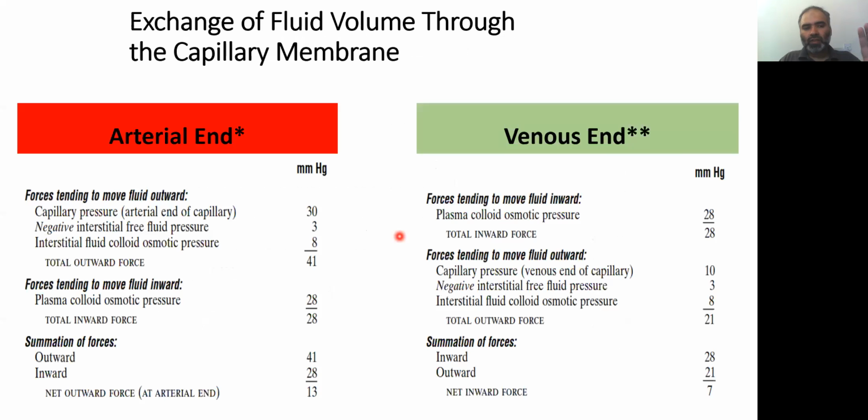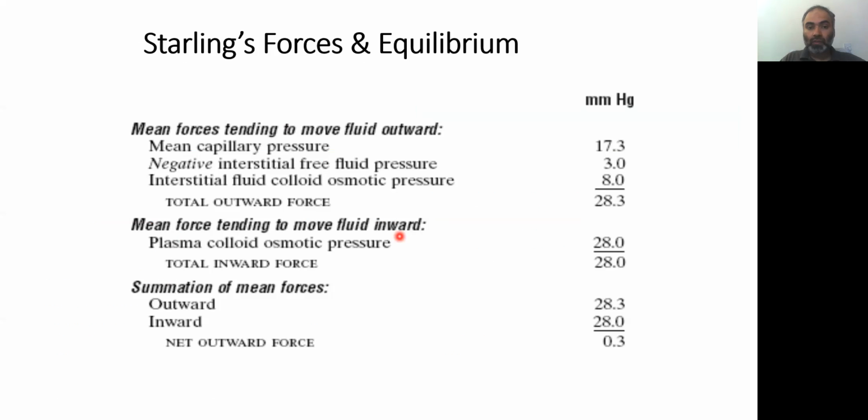Once again, this is a selective single capillary system, while these Starling forces and equilibrium are averaged values of forces acting across the capillary. So you will notice that it doesn't say arterial or venous end.